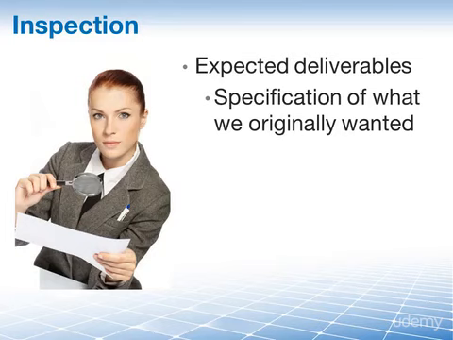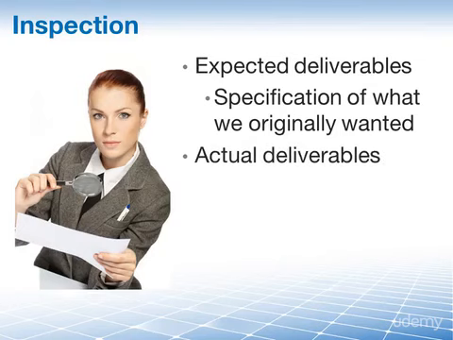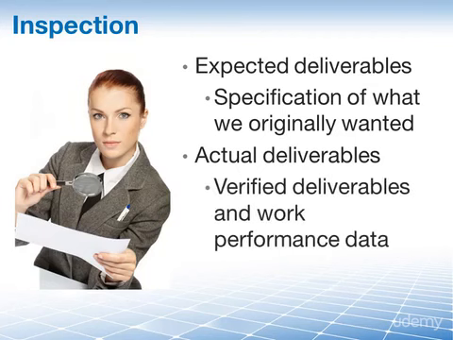So we have those in one hand. And in the other hand, we have the inputs that show us the actual state of what it was that we actually delivered. These are the verified deliverables.